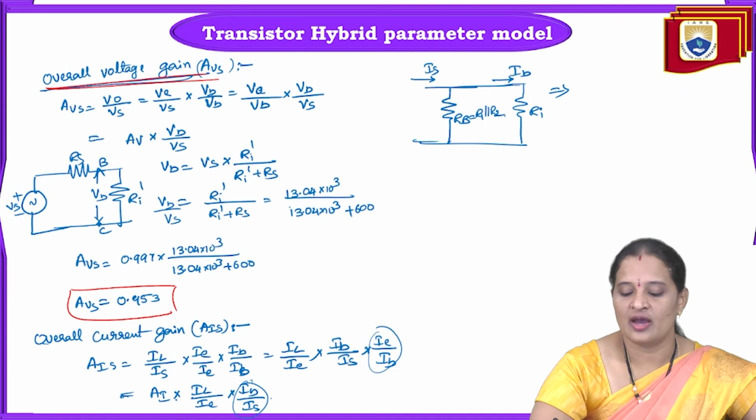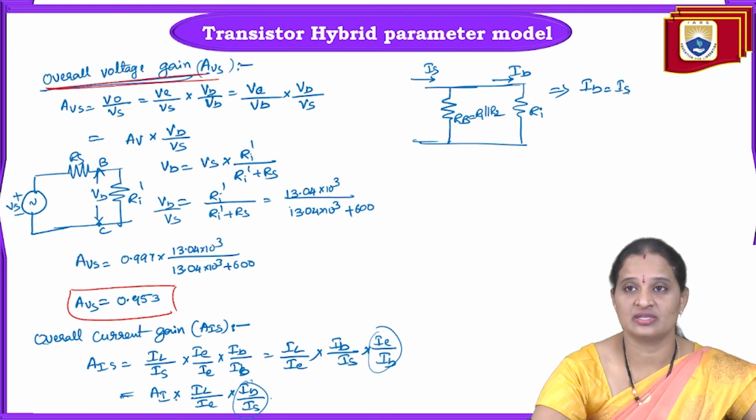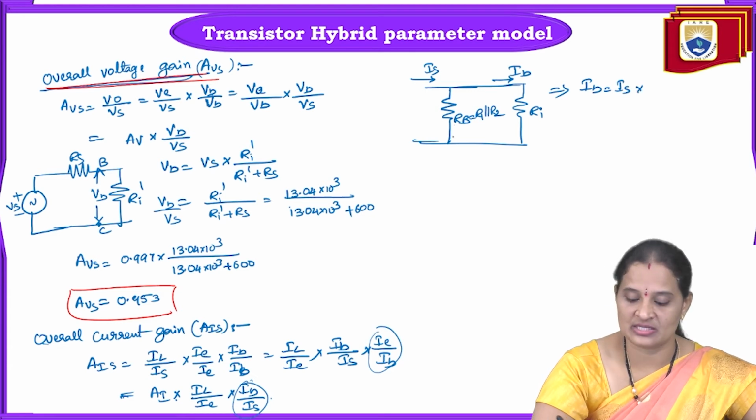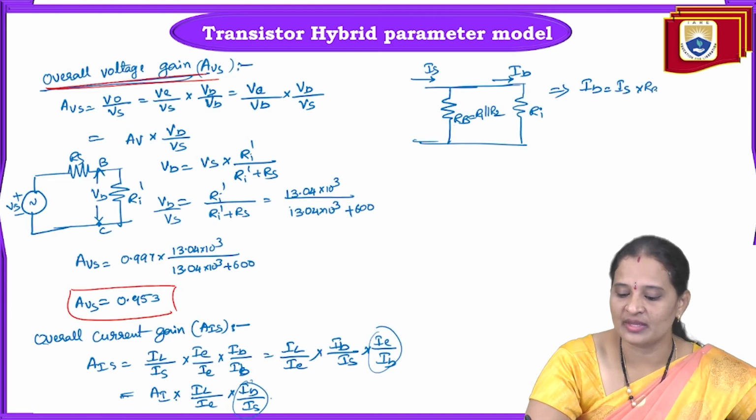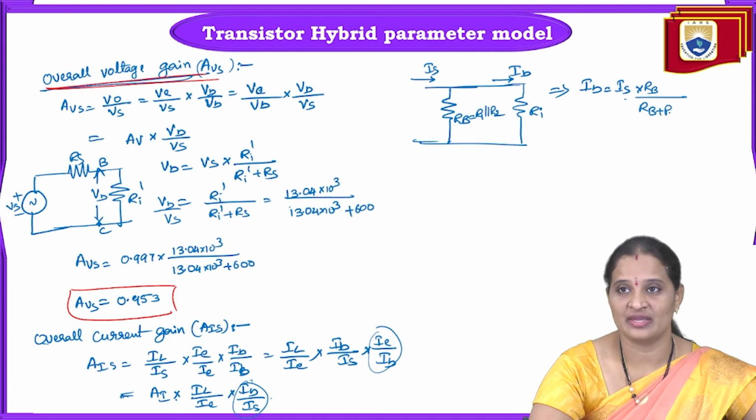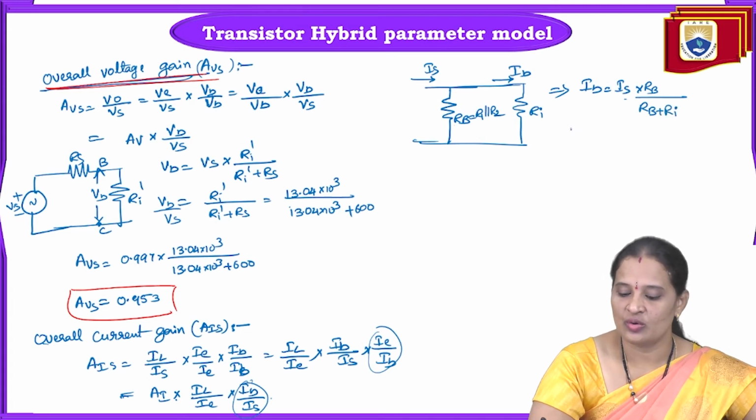I just want to calculate the IB value. The current division principle says that the current across a resistance is equal to the input current into the opposite resistance, RB, divided by the total resistance, RB plus RI. So IB by IS can be written as RB divided by RB plus RI.